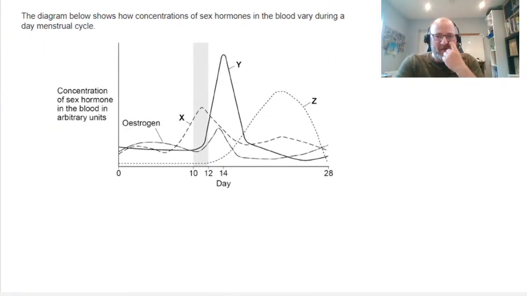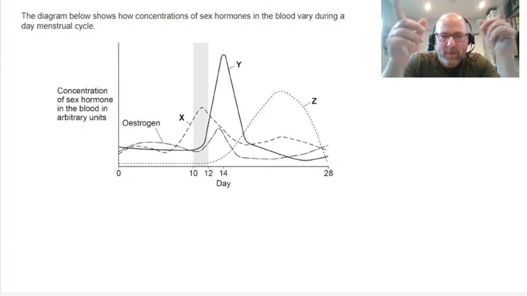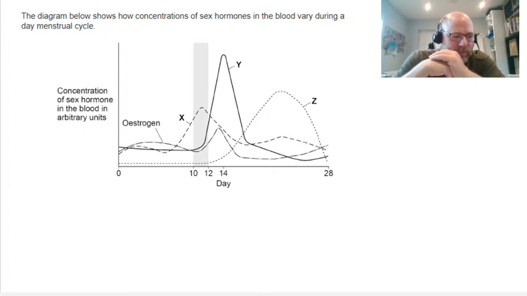All right. Just looking at the menstrual cycle, for those of you that have got the menstrual cycle coming up. Does anyone know what hormone?